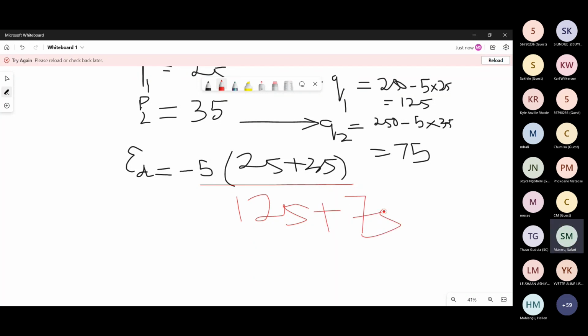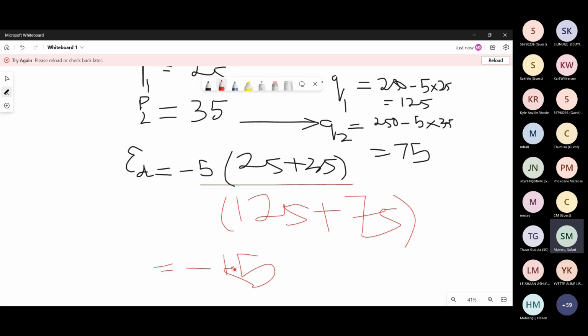Okay, now you do the math yourself. What do you get? The answer is minus 1.5. What is the meaning of that? What does this mean? That's simply the price elasticity on average.